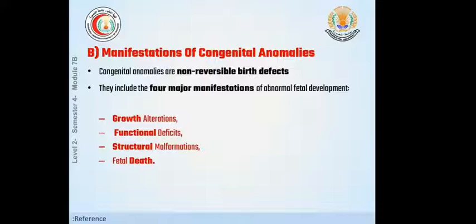So we can classify the congenital anomalies into 4 manifestations of abnormal fetal development. Number 1 is alteration in growth. Number 2 is affection of function. Number 3 is obvious structural malformation. Number 4 is fetal death.